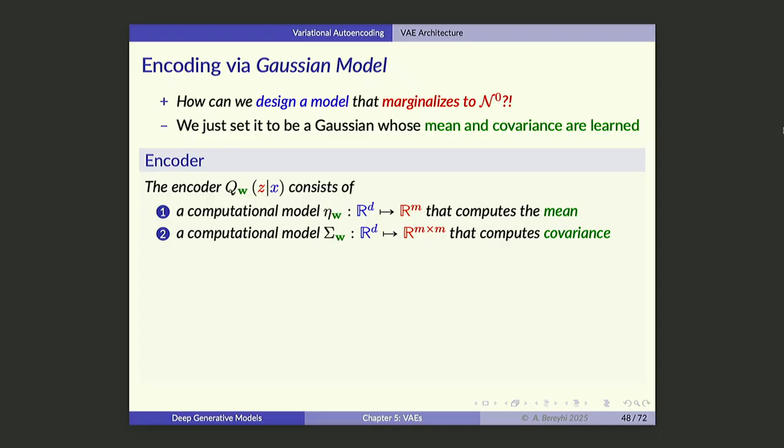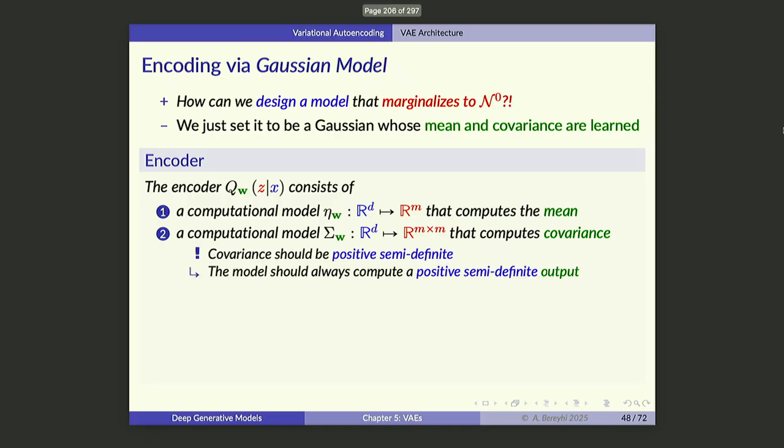So one covariance matrix is always positive semi-definite, right? So it means that whatever you design for the second network, you should make sure that this is a positive semi-definite output always, right? Because you cannot have a negative definite or non-definite matrix as a covariance matrix, right? So this is not a complicated thing. We're going to do it right now, okay? So no worries about that.